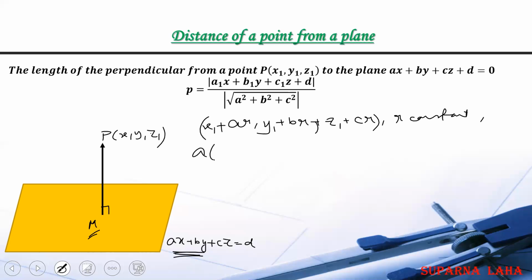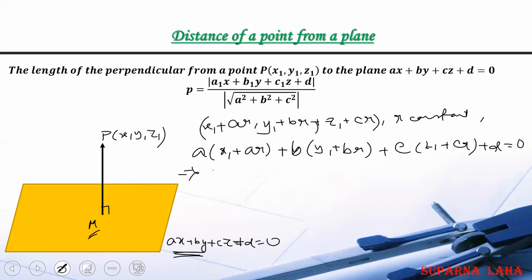So a into (x1 plus ar) plus b into (y1 plus br) plus c into (z1 plus cr) plus d equals 0.